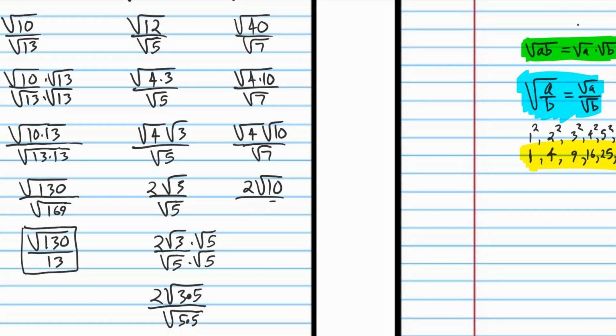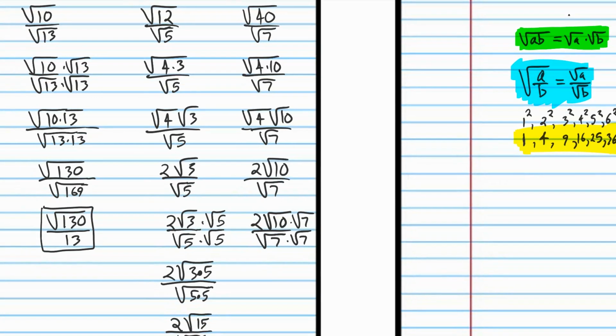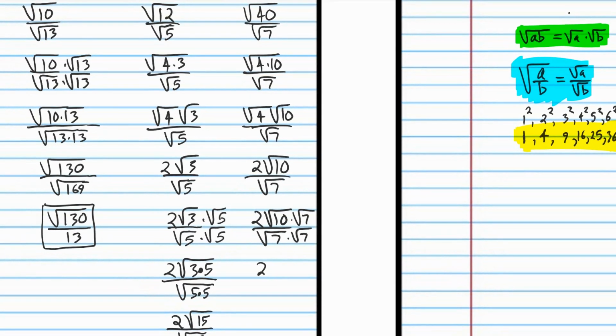But now we have a root in the denominator, so we have to rationalize the denominator. So we're going to rewrite and multiply both sides of the fraction by root 7 because we're trying to get rid of the root 7.